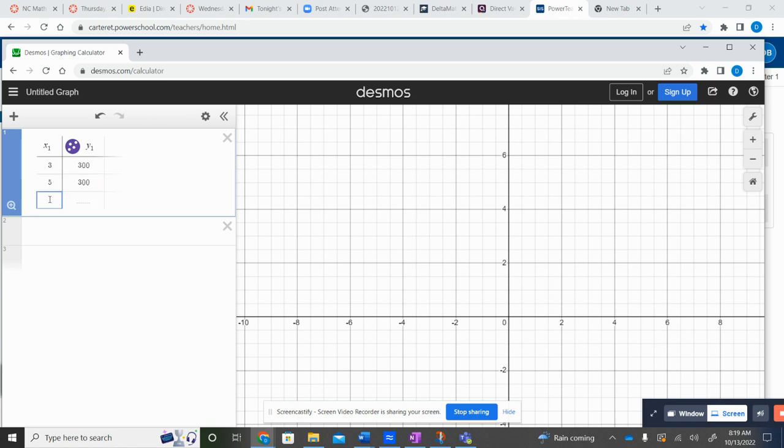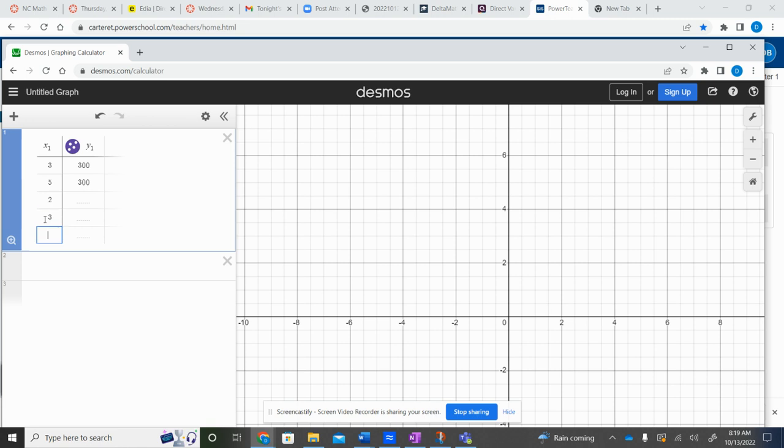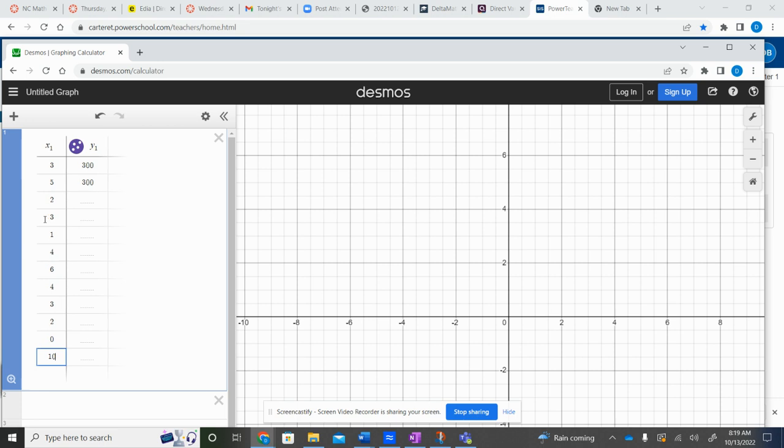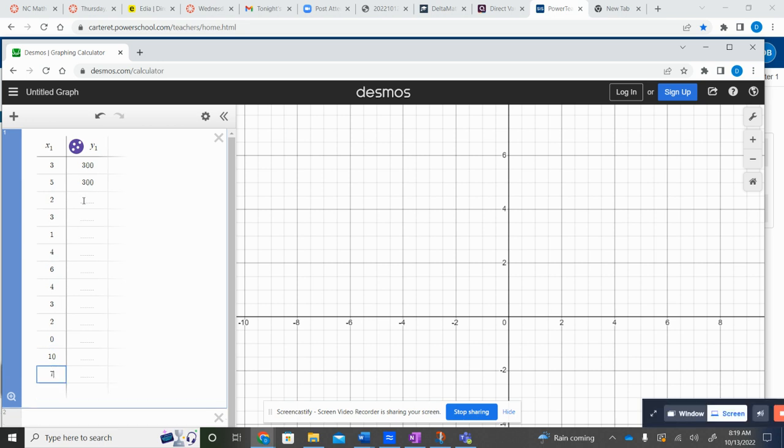3, 5, 2, 3, 1, 4. I'm just arrowing down and doing all my X's first because I feel like that's easier. 3, 2, 0, 10, 7.